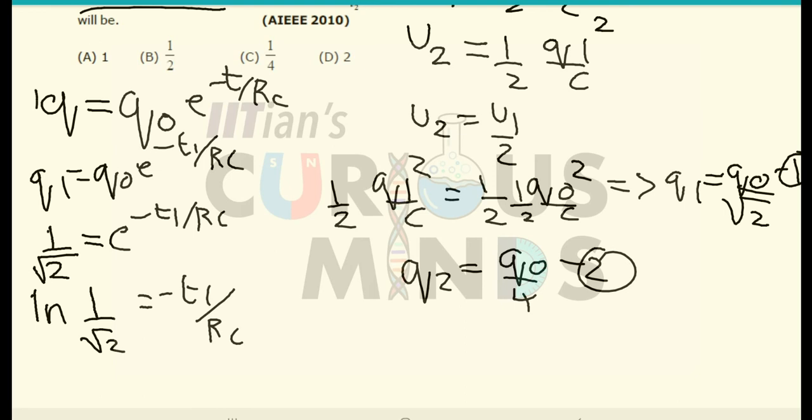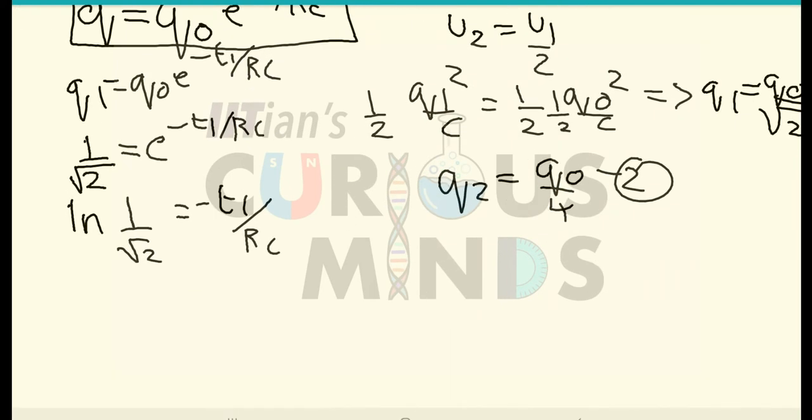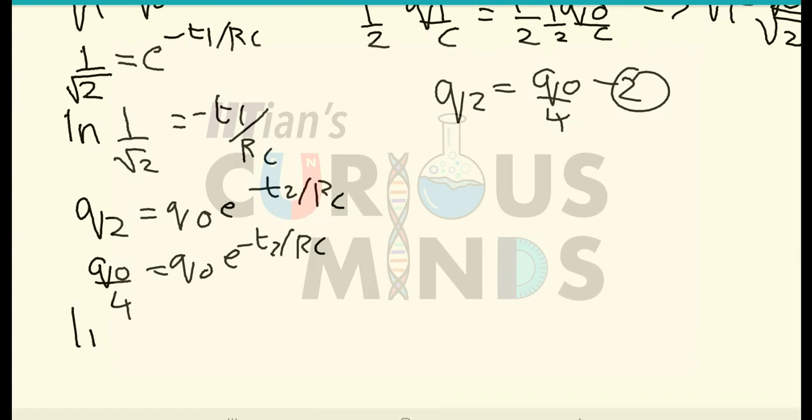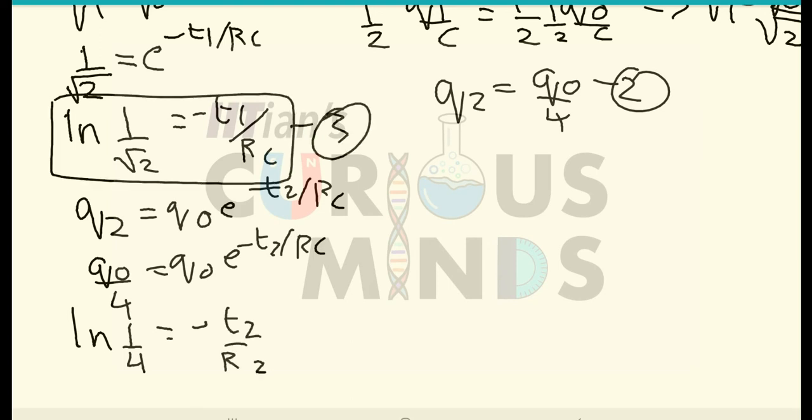Similarly, when I substitute the same formula for Q2, Q2 will be equal to Q naught e raised to minus T2 divided by RC. So Q2 is equal to Q naught divided by 4, that is equal to Q naught e raised to minus T2 divided by RC. When I take log, it will be log 1 by 4 is equal to minus T2 divided by RC. Let this be equation number 3 and let this be equation number 4.